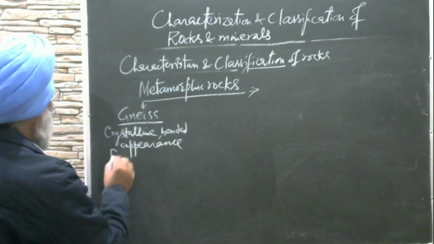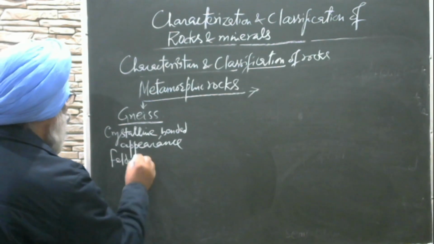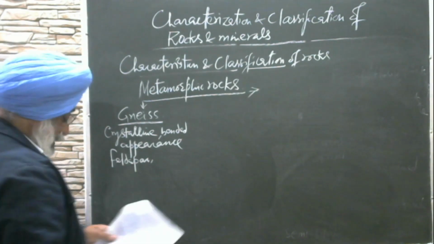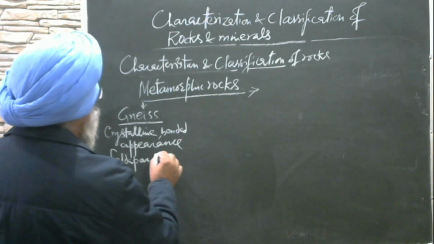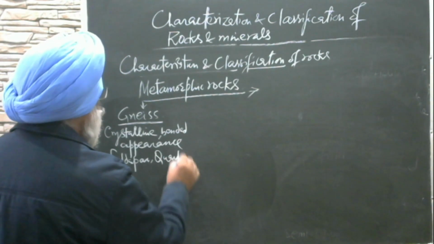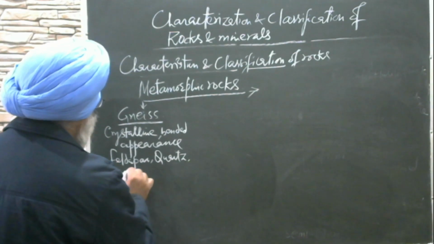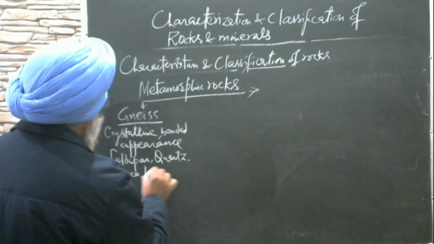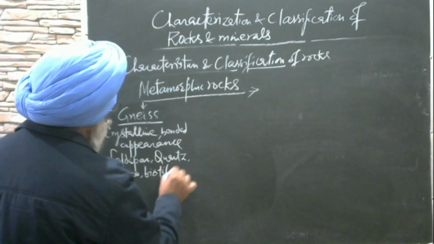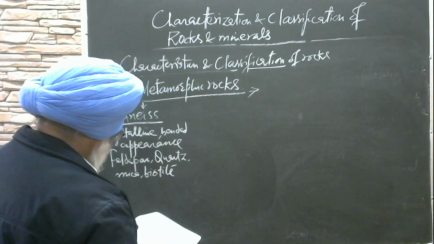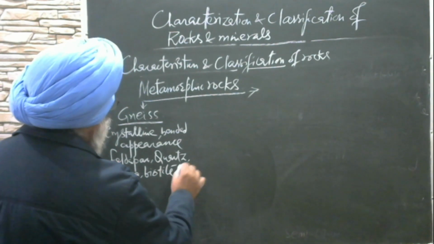Examples are feldspar, quartz, mica, biotite, and muscovite.